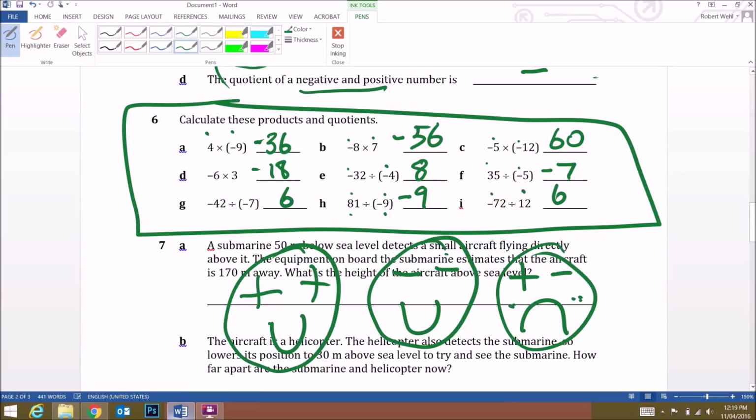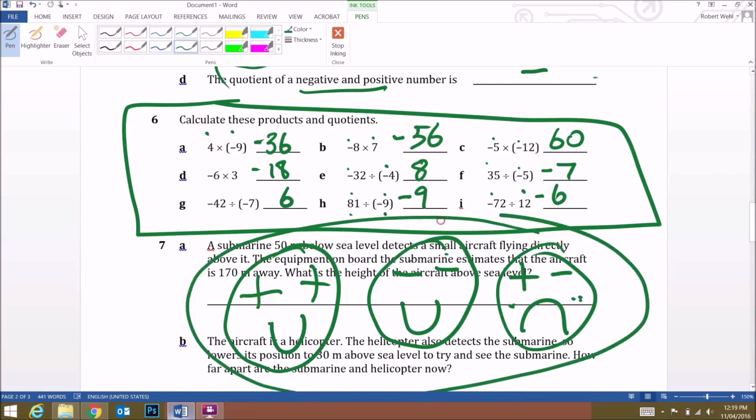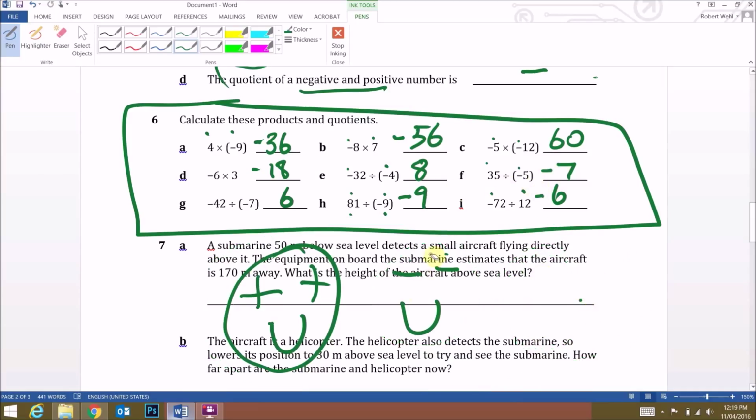Once again there's one of each, which makes it a negative. So when you're doing these ones, make sure you draw your faces. You do your normal times tables, and then you just either put in your negative symbol or you leave it as a positive. Quite simple, that one. A lot easier than addition and subtraction.